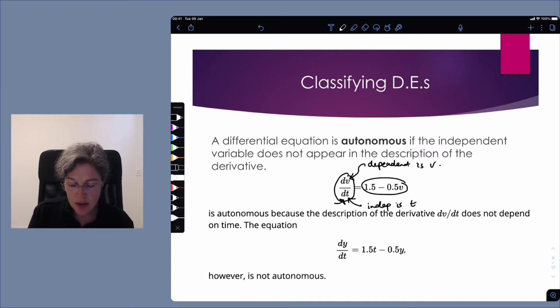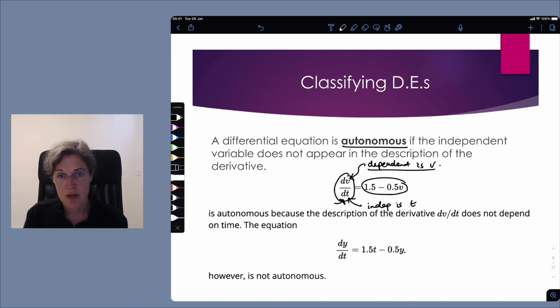And if it turns out that our derivative is only a function of the dependent variable, then we call it an autonomous differential equation. So this one that I've been circling over here is autonomous because if we look at the right-hand side, the only variable that we see is a v, and v is our dependent variable. On the other hand, if we look at this differential equation, notice that we've got our independent variable showing up over there, so this one is not autonomous.